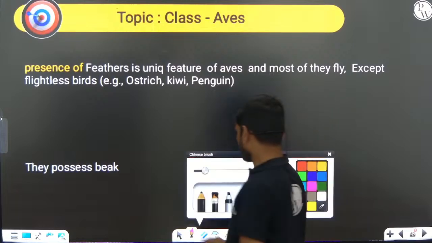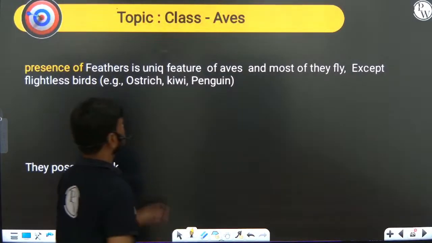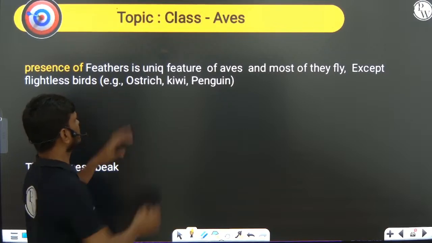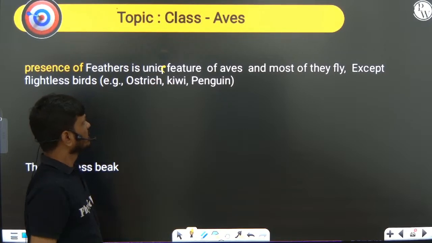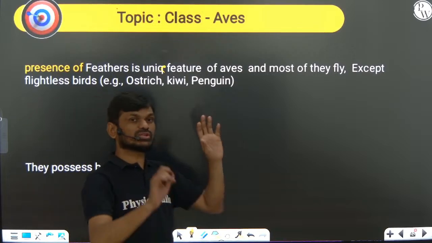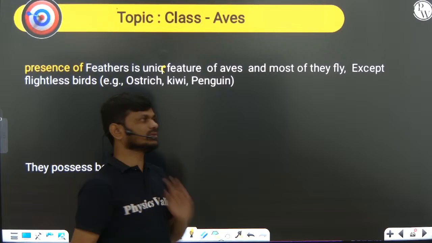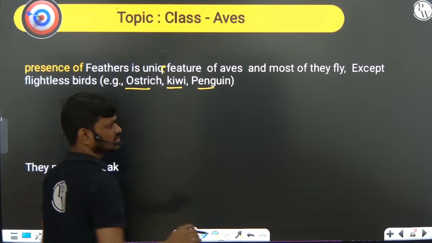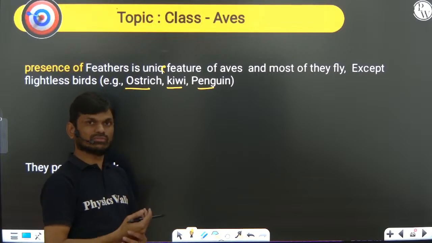Now, class Aves. Generally the feathers are the unique feature of Aves, and one more unique feature is that most of the birds can fly, except ostrich, kiwi and penguin. These are some birds that don't fly.